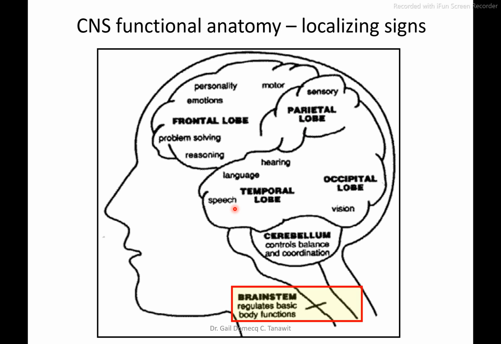So hearing, so it's here, and so on. So temporal lobe, speech, occipital lobe, vision. Cerebellum controls balance and coordination. So he can no longer walk straight with eyes closed. So the lesion is in the cerebellum. He stumbles, and so on. He falls on you. Okay, so take note of those.